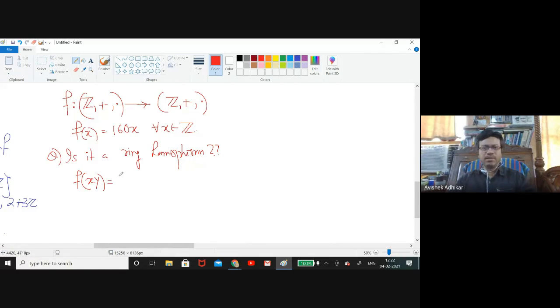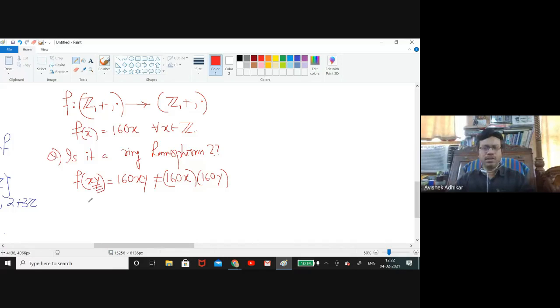By definition, f(xy) is 160xy, and you cannot write it as 160x times 160y, in general. When you are going to show that this is not a homomorphism, you should not use arbitrary x and y.